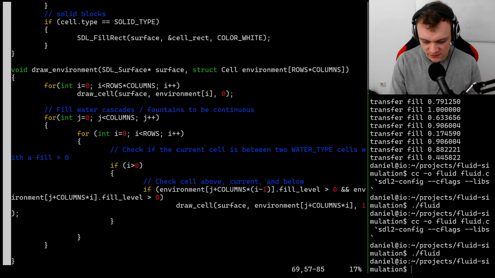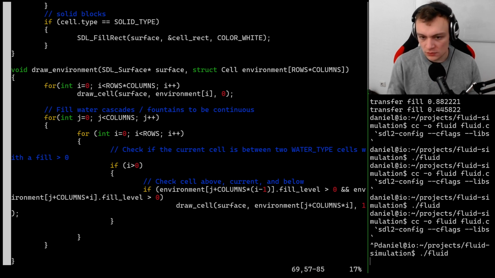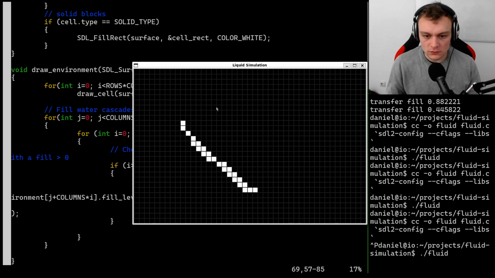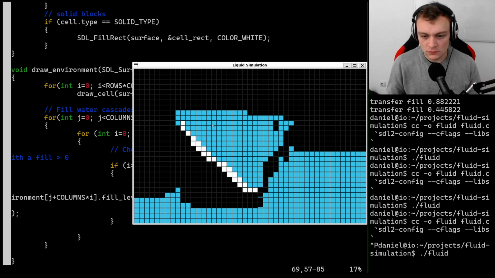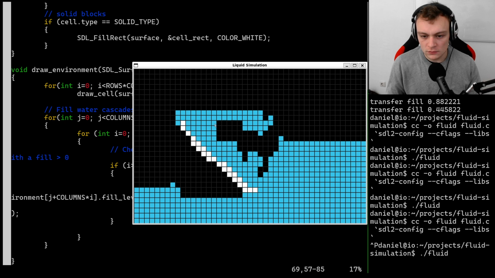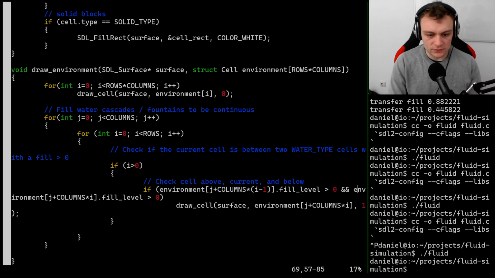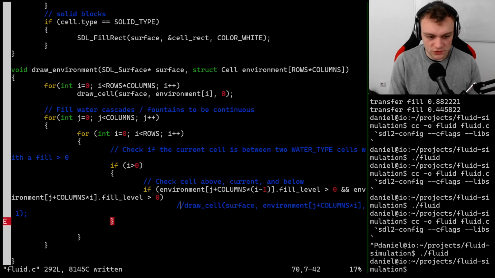So what exactly is wrong here? I'm not sure. What happens if we disable this cell drawing? Does the simulation still work? Just to exclude that we messed anything up.